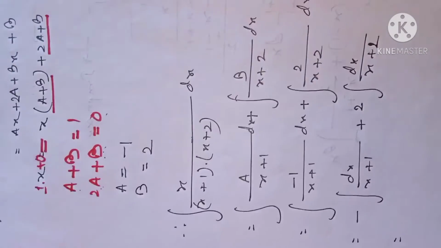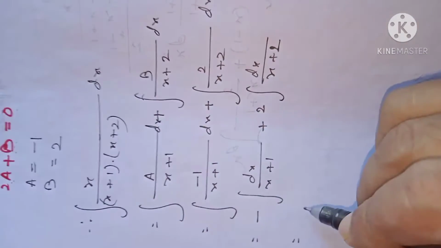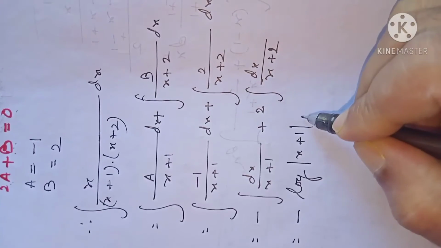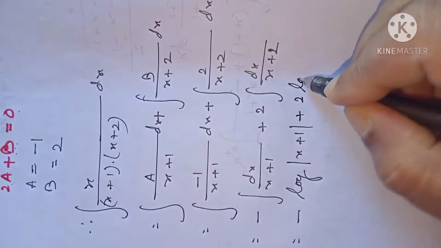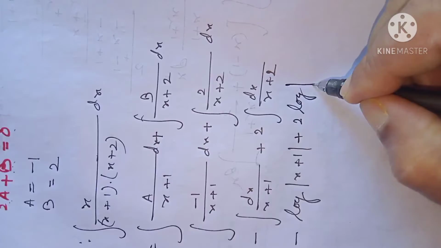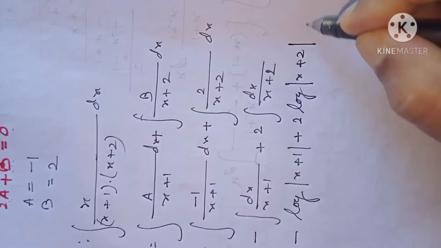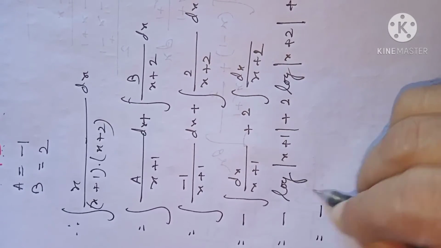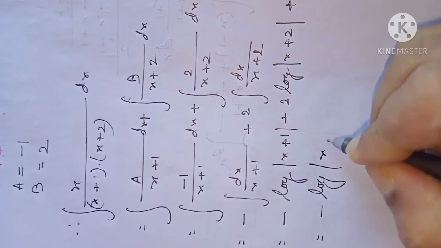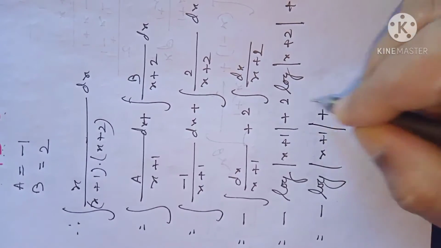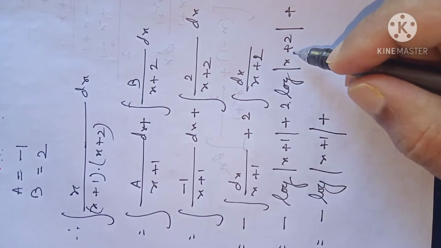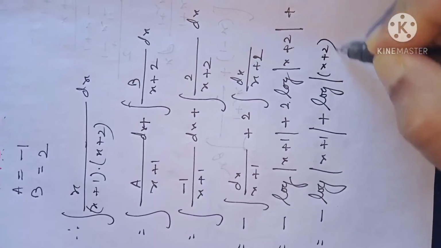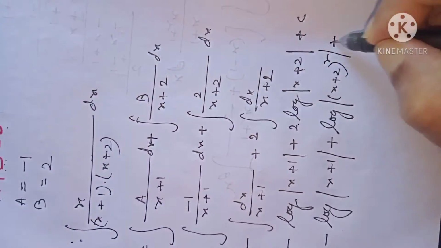Then taking the integrations, we will get minus log of modulus of x plus 1, plus 2 times log of modulus of x plus 2, plus the constant, which can also be written as minus log of x plus 1 plus log of (x plus 2) the whole square plus constant.